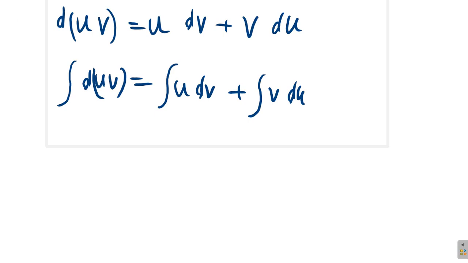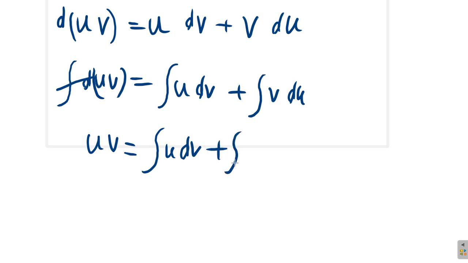Now, if you integrate the derivative of uv, the integral and the derivative cancel out each other. So what you have is uv equals the integral of u dv plus the integral of v du.